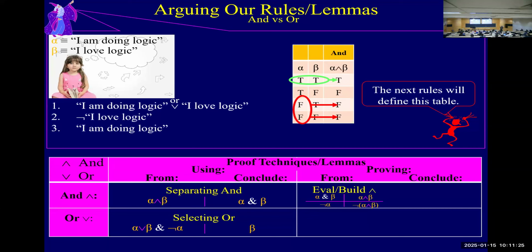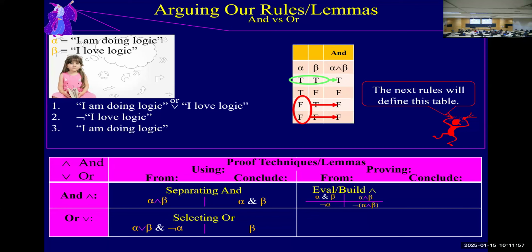Go back to who defined and anyway, right? And I'm telling you, you just need to use the purple table, and you can prove anything that's true in all universes, right? So somebody has to define what and means. What this is saying here is that in some ways, these rules define and as well.